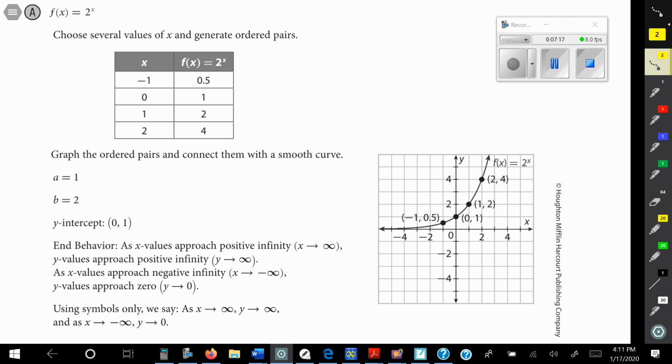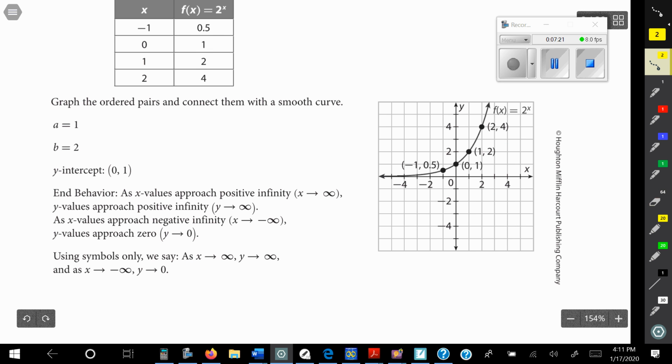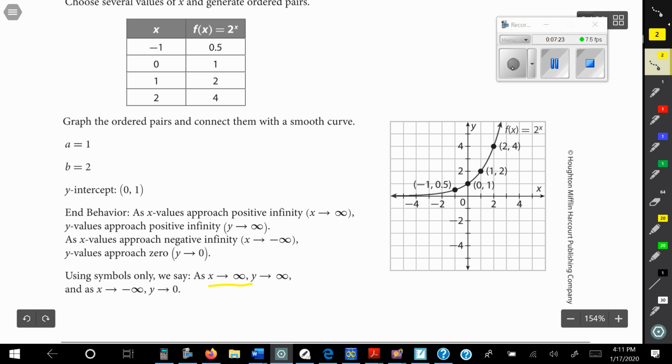What I want you to be able to do is just write it out. As x goes to positive infinity, what does y do? As I go this way, what does the graph do as far as y? It goes up and up to positive infinity. And as x goes to negative infinity, y goes to 0. It gets closer and closer to this line.